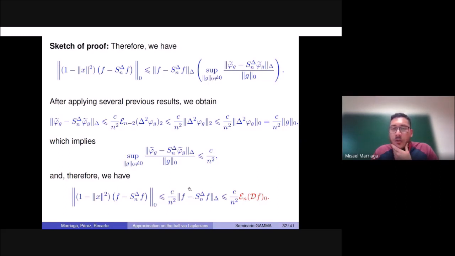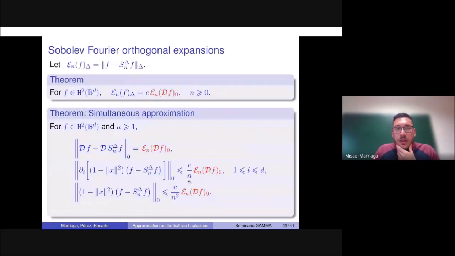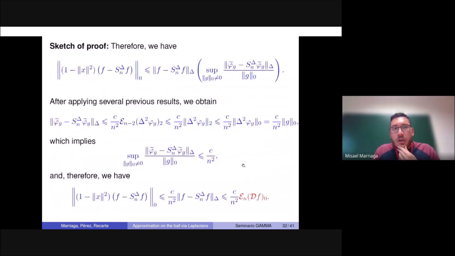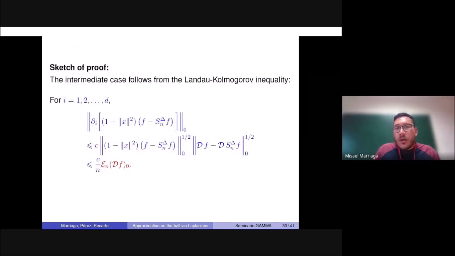We already know that this quantity behaves just like a classical error of df. So I have proved the first part, I have proved the third part, and I want to prove the middle part. In order to prove the middle part, I use an inequality called the Landau-Kolmogorov inequality.